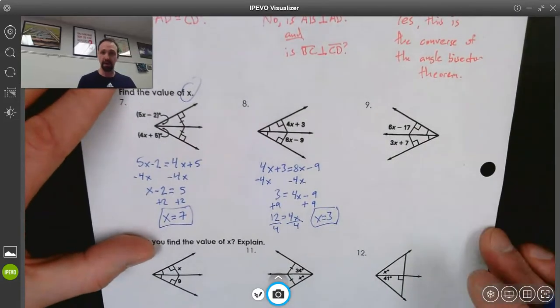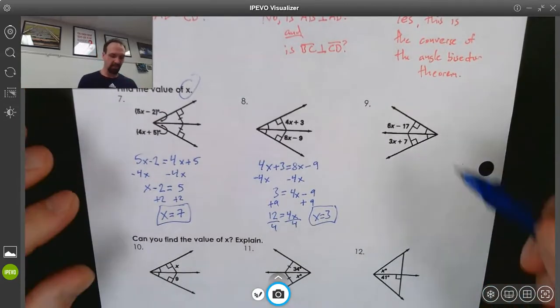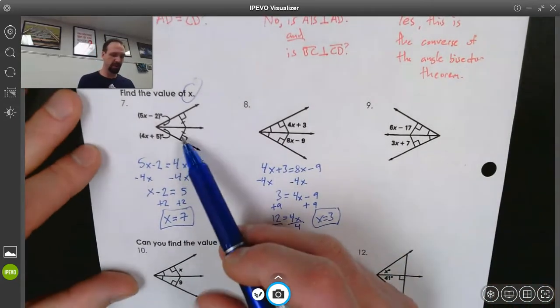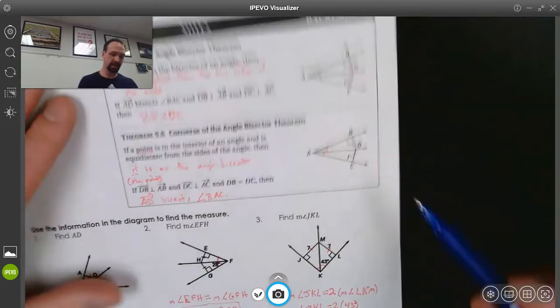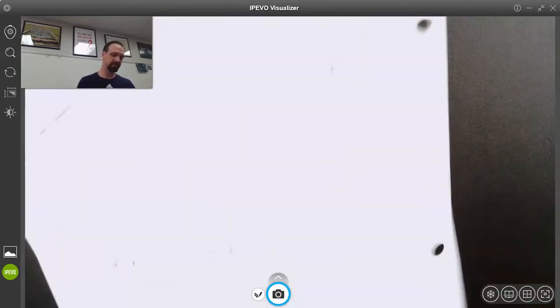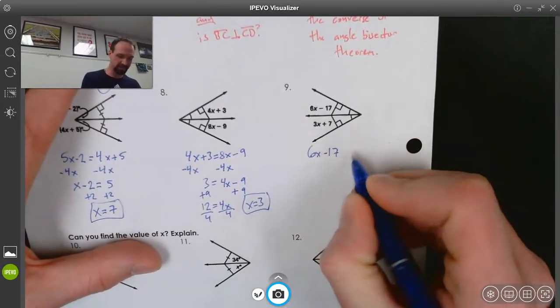And then for this one here as well, set them equal to each other. So each time we're satisfying either the angle bisector theorem or the converse. For this one, we're satisfying the converse, and for the other two, it's the angle bisector theorem. Again, set them equal to each other and then solve.